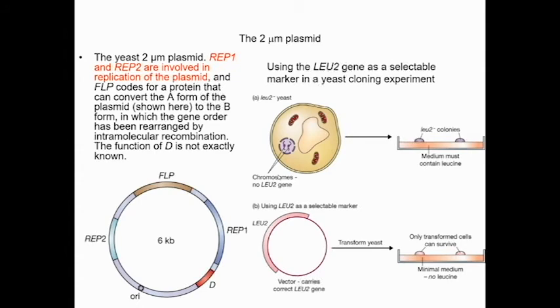So for example, in this yeast cell that lacks the LEU2 gene, the LEU2 gene basically produces leucine. Therefore, if you want to grow this cell, you must grow it in the presence of leucine. Then you'll be able to see the cell multiply. If you grow the cell in the absence of leucine, they will not be able to multiply.